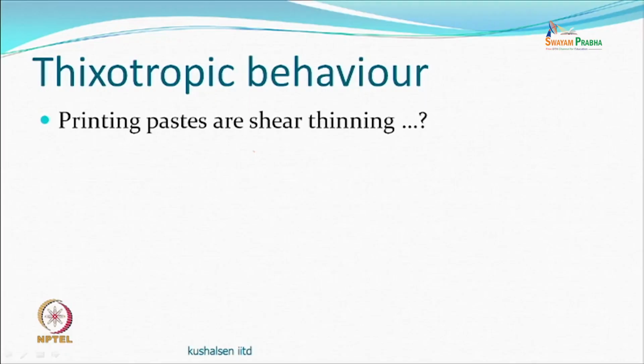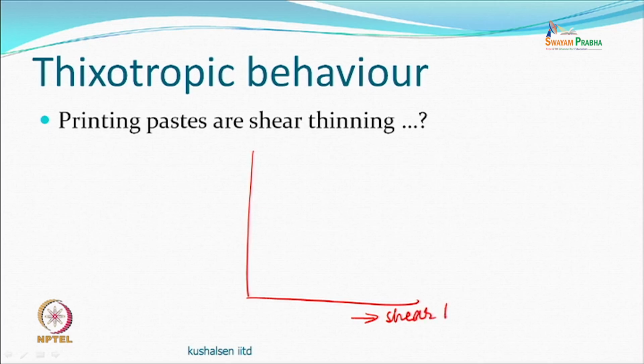If you look at a printing paste and its behavior, we call it the rheology of any viscous system. So when you increase the shear rate and measure viscosity, what you will see is a drop.